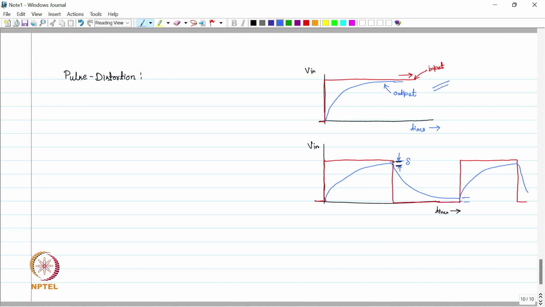Just as in the first case, if the input is low frequency, the output will comfortably reach the steady state value, and it will reach the highest value, which is, let's say, VDD. But for high frequency signals, the output will not reach the higher or lower value completely, and this gives rise to the difference in the voltage between input and output.